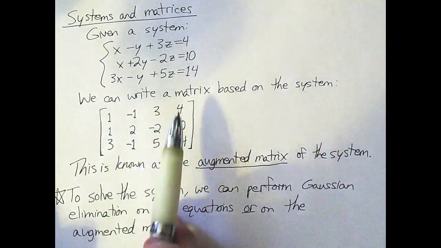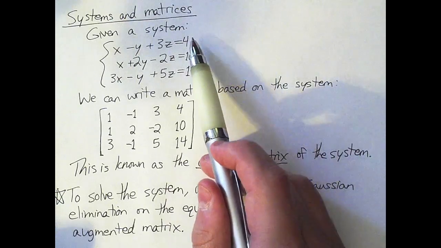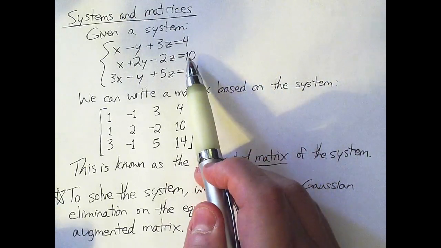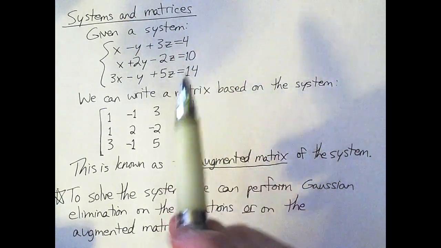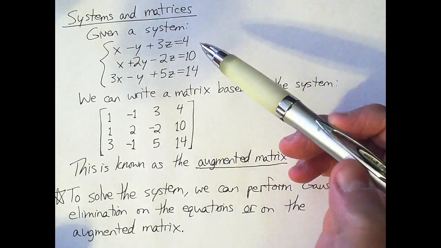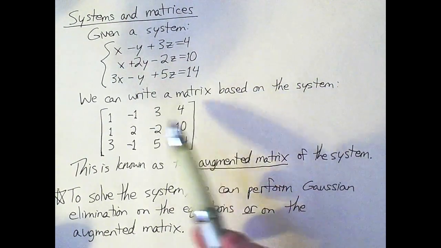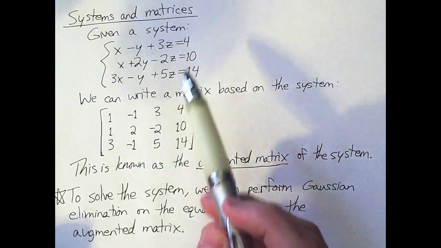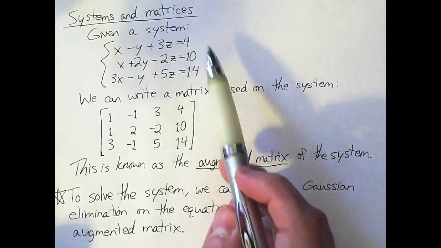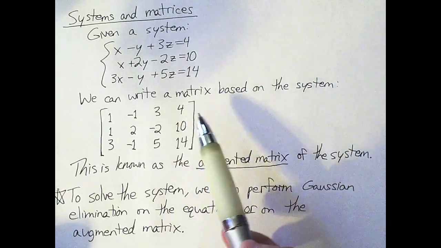Well, you could think of the same thing with this matrix, but instead of adding a multiple of an equation to another equation, we're going to add a multiple of a row to another row. Instead of multiplying an equation by a constant, we're going to multiply a row by a constant. And instead of interchanging equations, we might interchange rows.